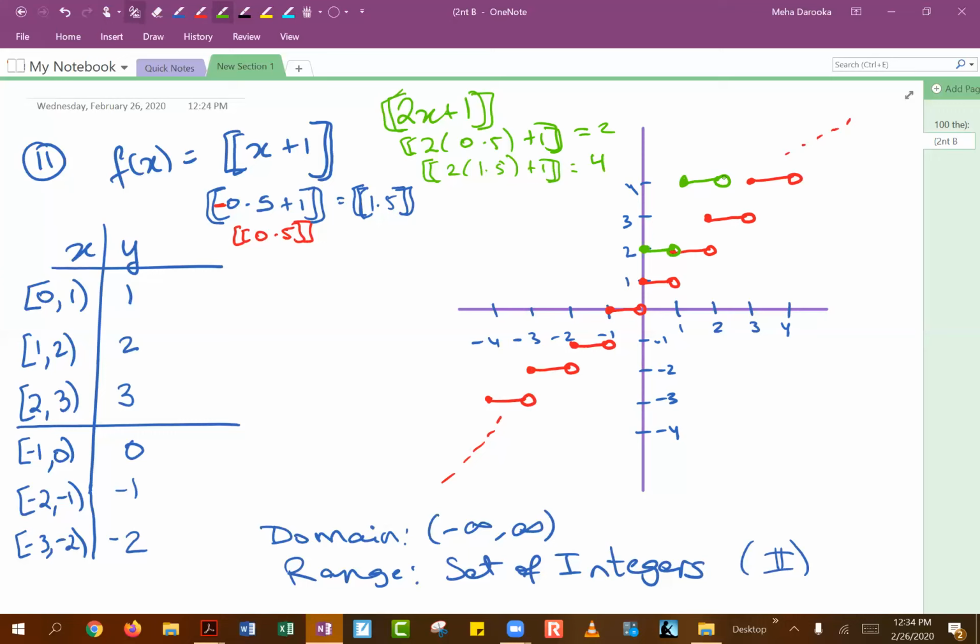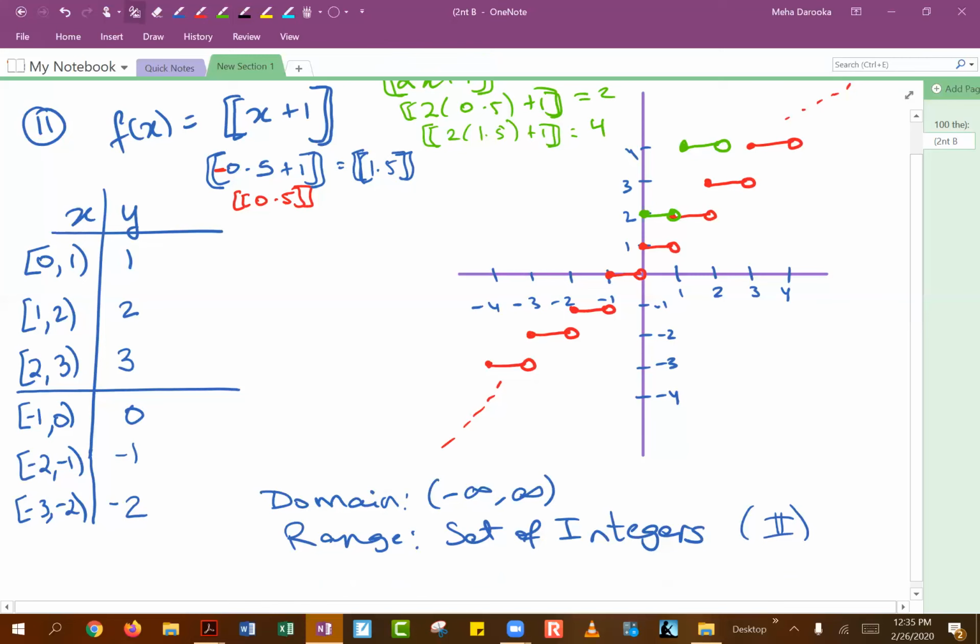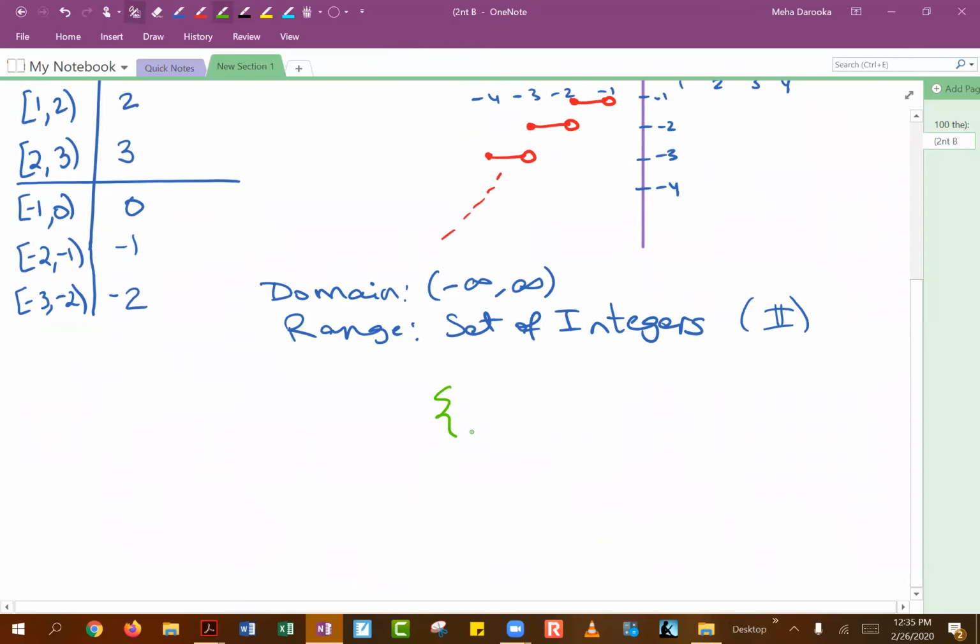So domain will still stay the same, but the range will now not be the set of integers. So this one I would probably use set builder notation to write this one down because I don't think you can use... Yeah, so this is where we would actually have to define it. We're talking in terms of y value.